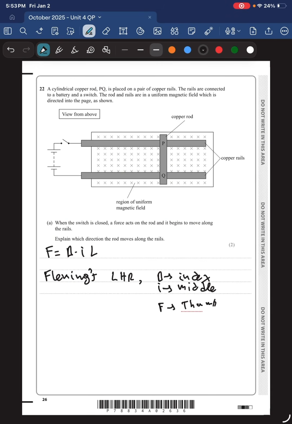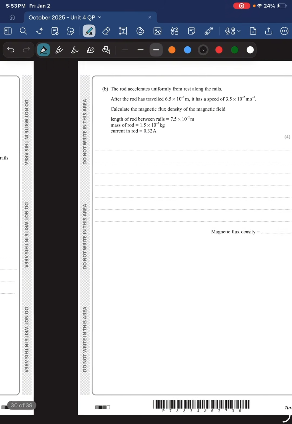The current I from the battery goes like this, so I points downwards. If we put our index finger into the page and our middle finger pointing down, we will see that F is to the right. So from Fleming's left-hand rule, the force is to the right.